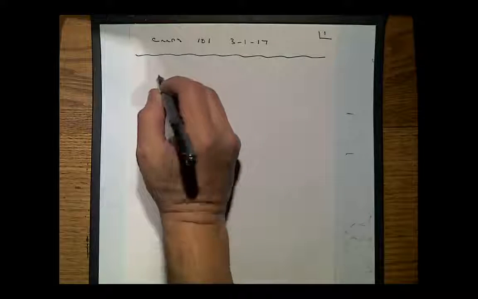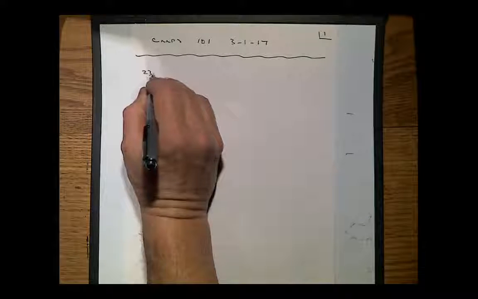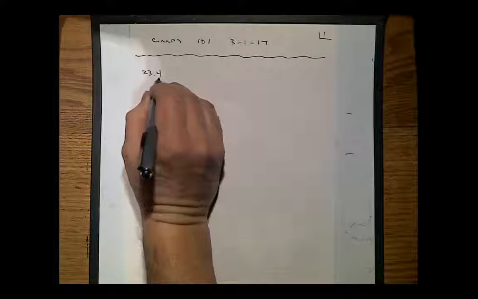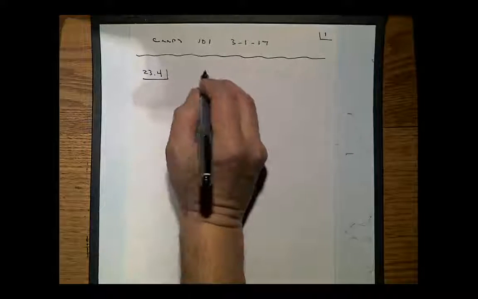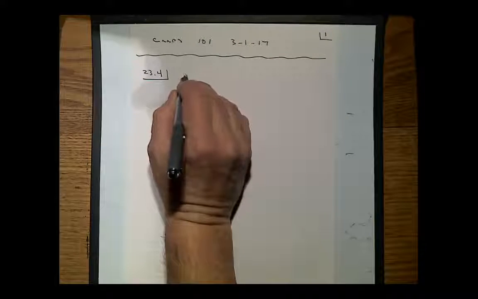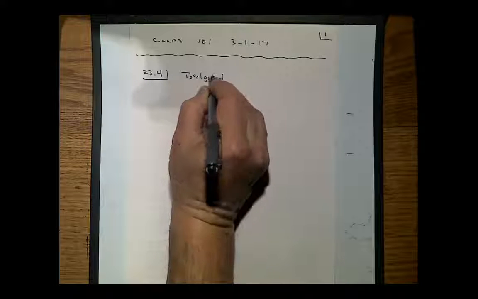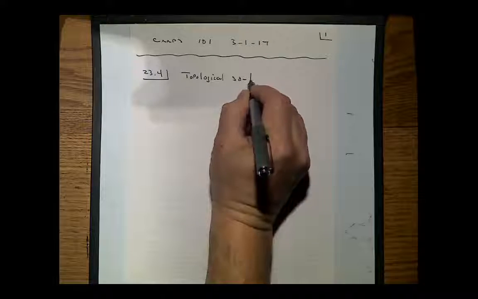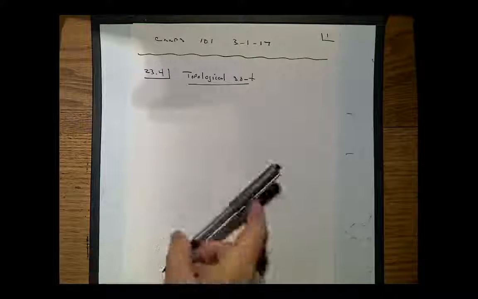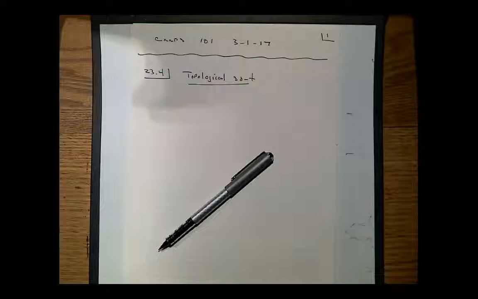Okay, so now we are up to section 23.4, which is a section on topological sort. What does that even mean to start with?